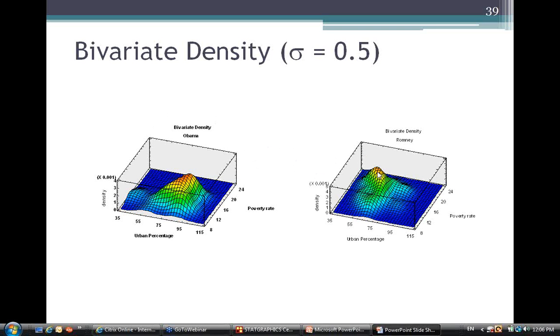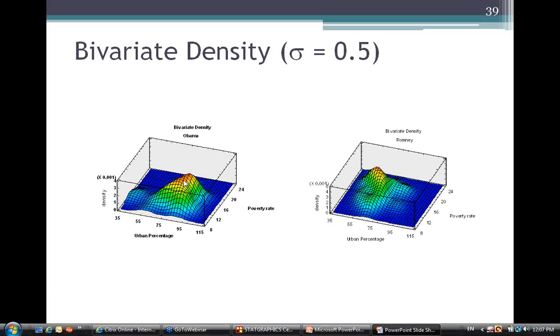The height of the surface is proportional to the probability of seeing an Obama state at a particular point, or the probability of seeing a Romney state at a particular point. You can see that the probability of seeing Romney points is higher where the urban percentage is low than is the probability of it being an Obama state.